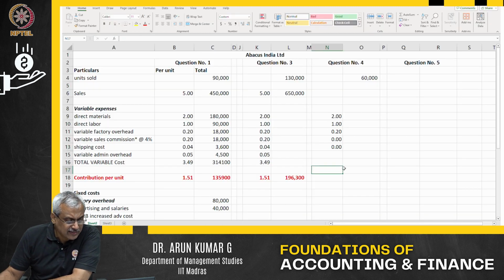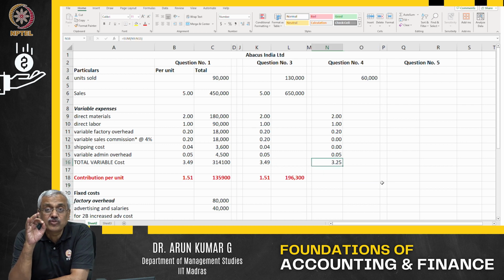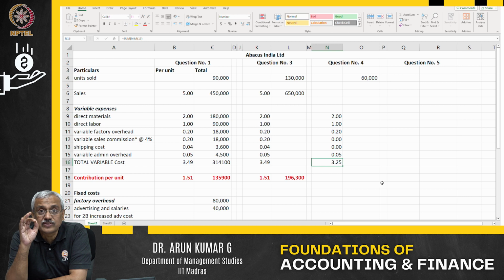Variable admin overhead, yes, 0.05, that's going to be there. Now what is going to be my total variable cost for manufacturing this order? The total variable cost is going to be 3.25 for manufacturing each unit of the 60,000.